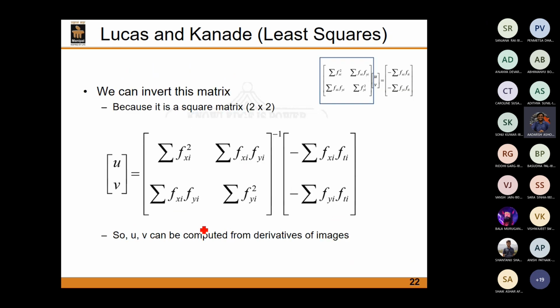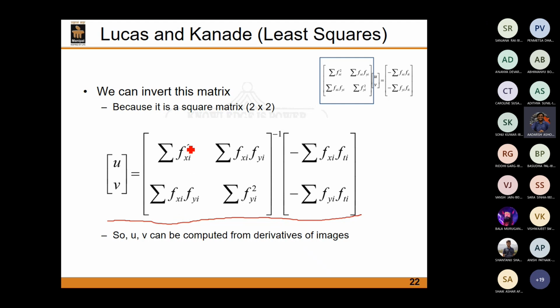After finding the inverse, it would be like this. You're just taking it to the other side. You'll get this as the final equation, that is (u, v) is equal to the gradient matrix inverse into (minus sigma fxi fti, and minus sigma fyi fti).